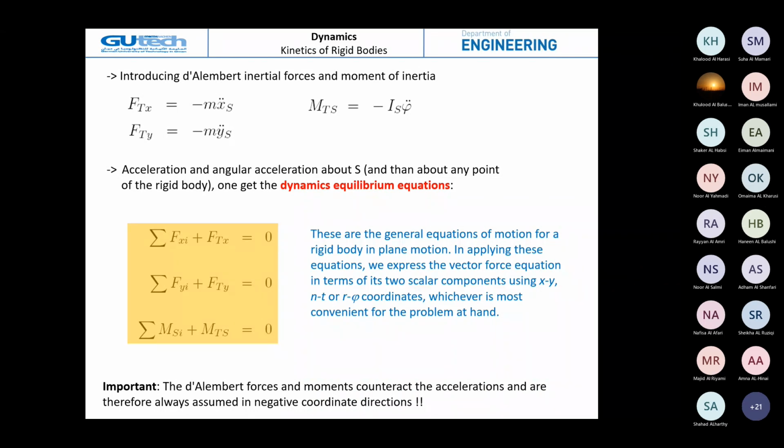Of course, I have to insist, for this case we need part 1 and part 2 to determine the accelerations. Okay? And for the acceleration, as we know, we have the equations.